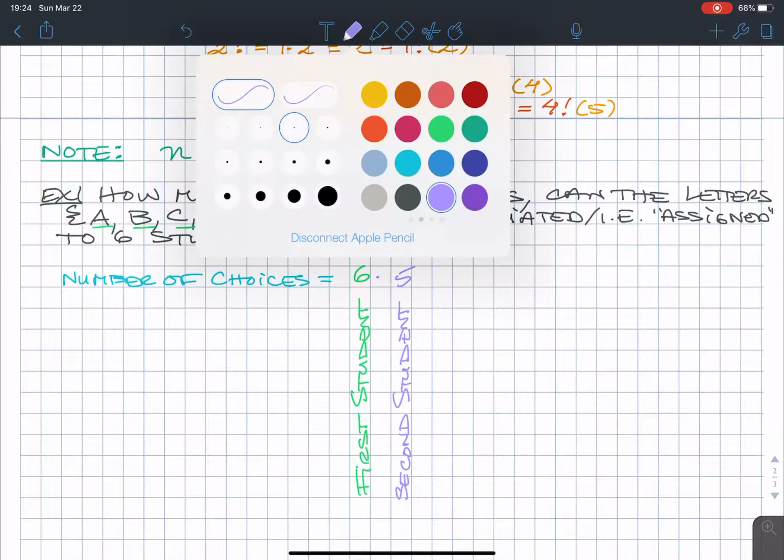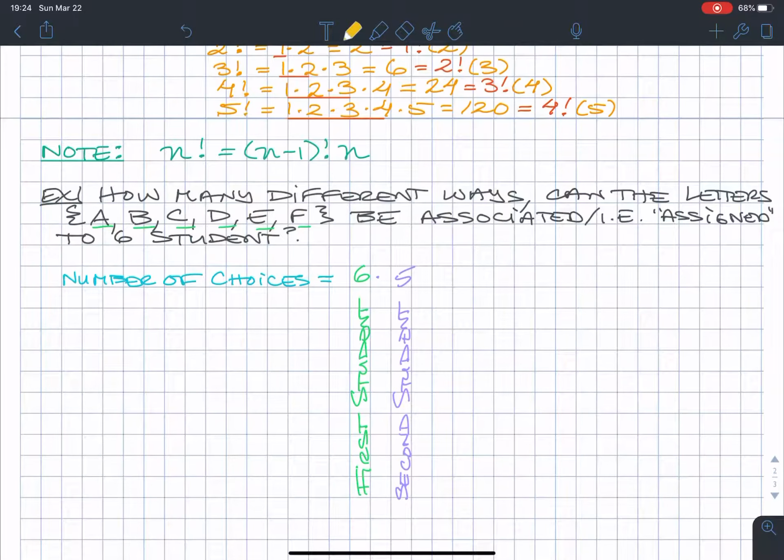Similarly, the third student will have only 4 choices remaining. Now the fourth student, there's only 3 letters remaining.